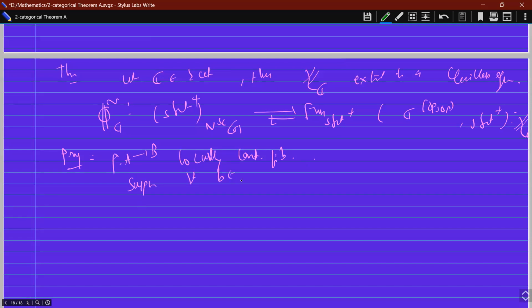Now suppose for every B in the base, the infinity category has an initial object.